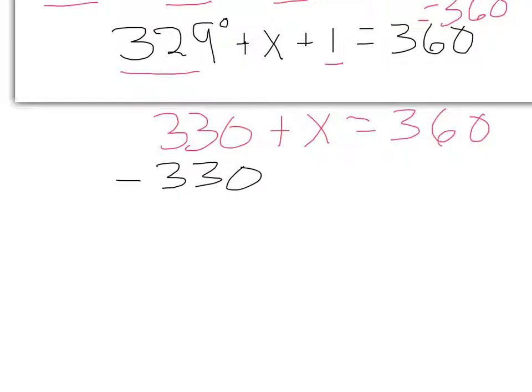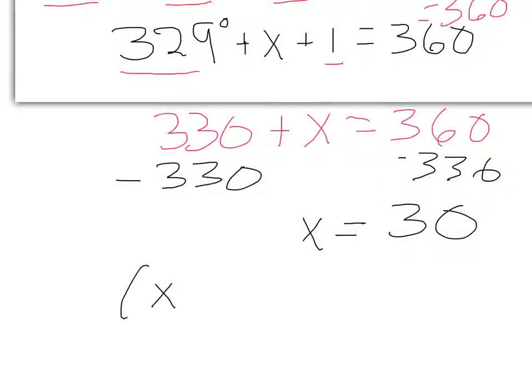Well, you know what we're going to do next. We're going to take away that 330 from both sides, and we're left with x is equal to 30 degrees. But we're not done, because that last angle said that it was x plus 1 degrees.